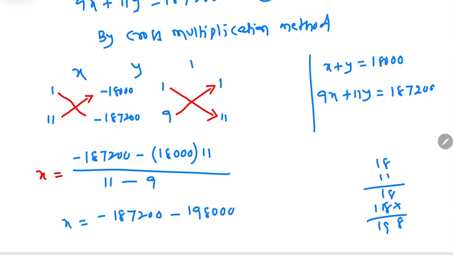As it is negative, it becomes positive, divided by 11 minus 9, which is 2.